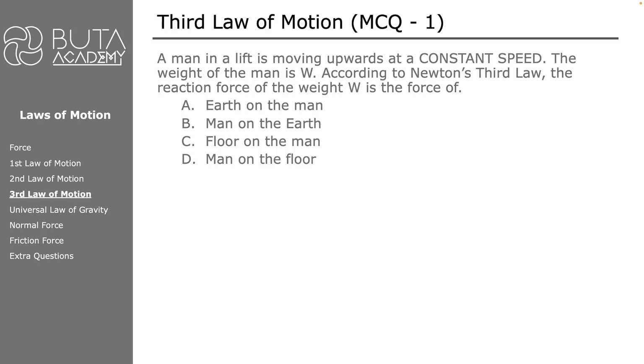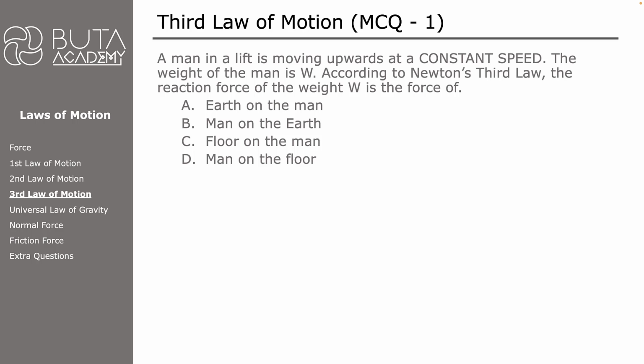A man in a lift is moving upwards at a constant speed. The weight of the man is W. According to Newton's third law, the reaction force of the weight W is the force of A. Earth on the man, B. Man on the Earth, C. Floor on the man, D. Man on the floor.